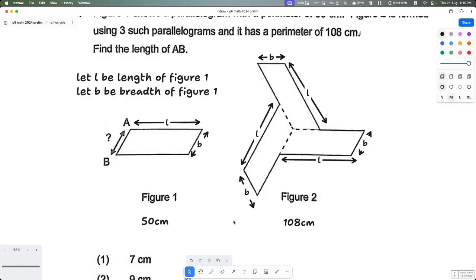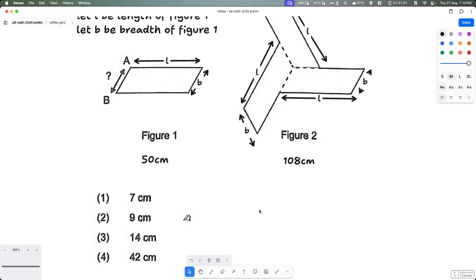So figure 1 is 2L plus 2B. So 50 centimeters is equal to 2L plus 2B.